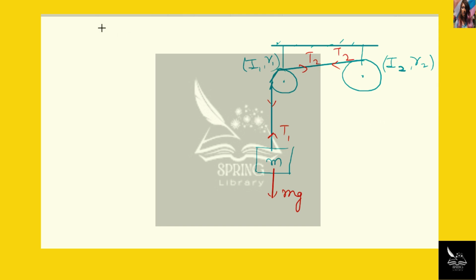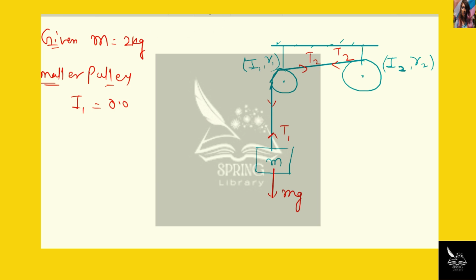So the given data is: mass of the block M is 2 kg. For the smaller pulley, the moment of inertia I1 is 0.1 kg meter square.